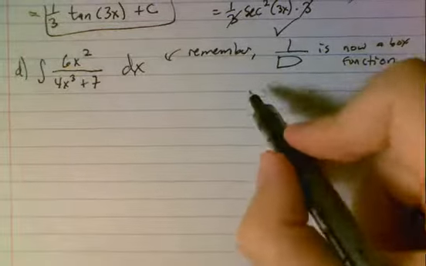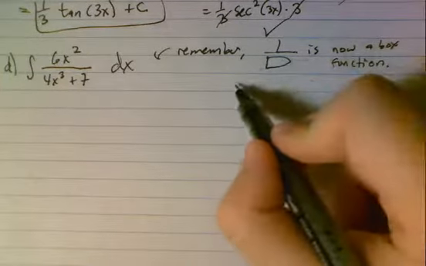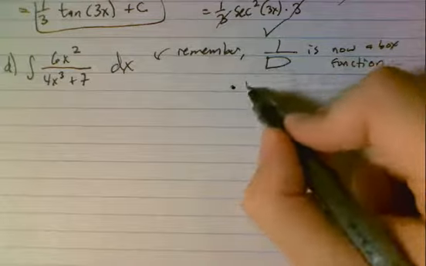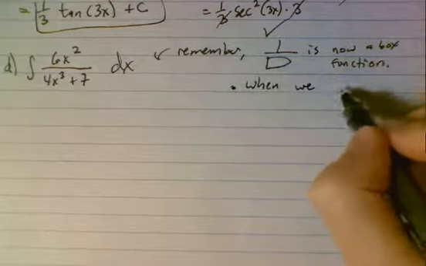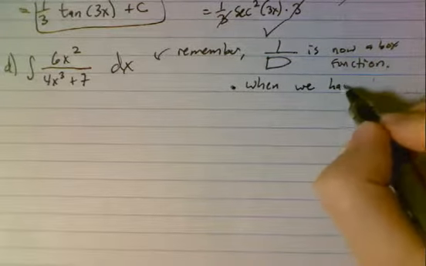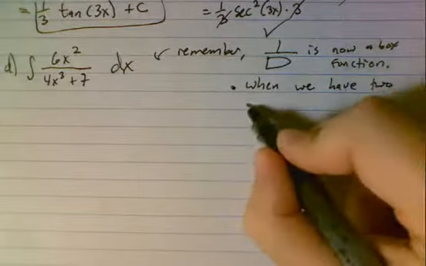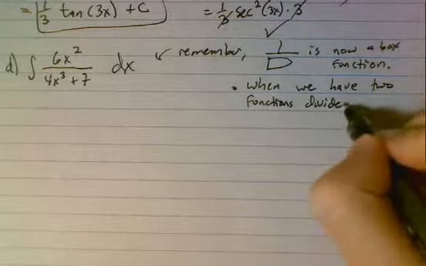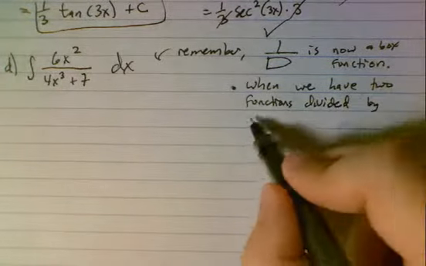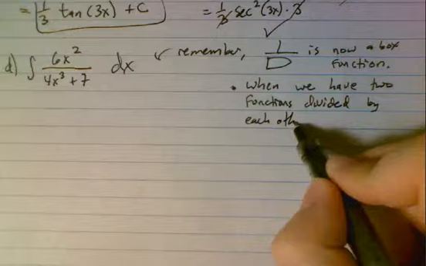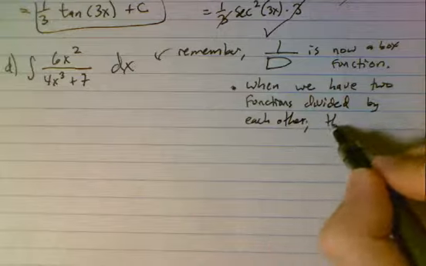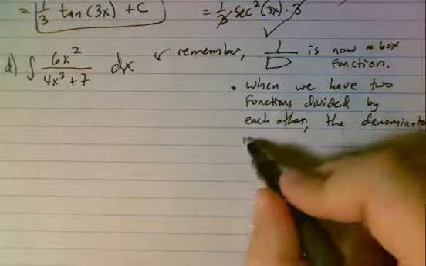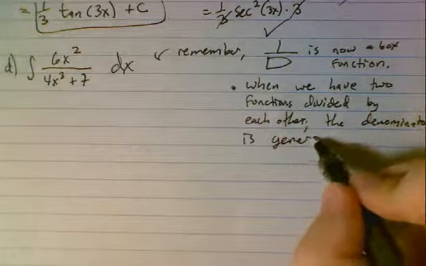And there are a couple of other tips that I'm just going to sort of write out on the side here. When we have two functions divided by each other, the denominator is generally u.